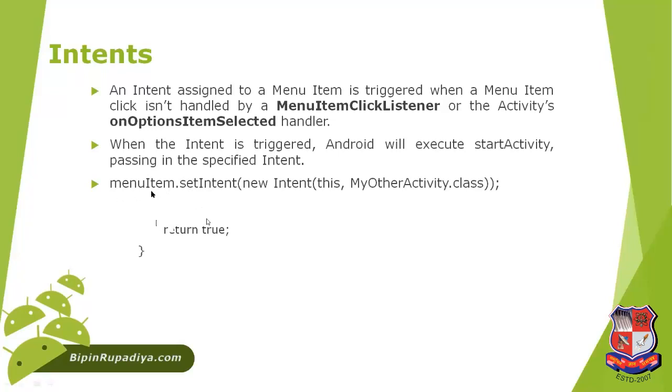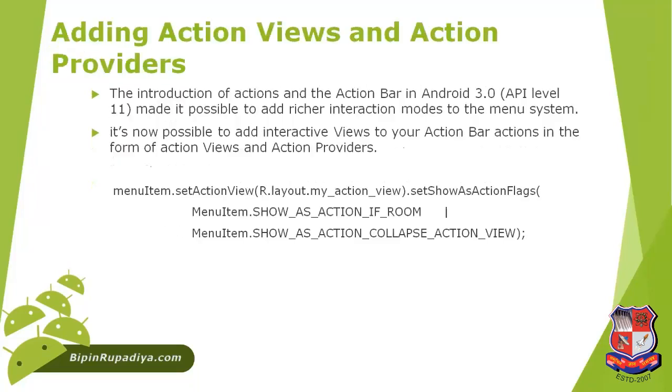Just see the last bullet, menuItem.setIntent, where you need to pass the object of an intent. Here I have passed the anonymous reference of an intent, and it is an explicit intent: this, that is the current context, and my other activity dot class. So whenever the user clicks this particular item, this intent will automatically trigger.